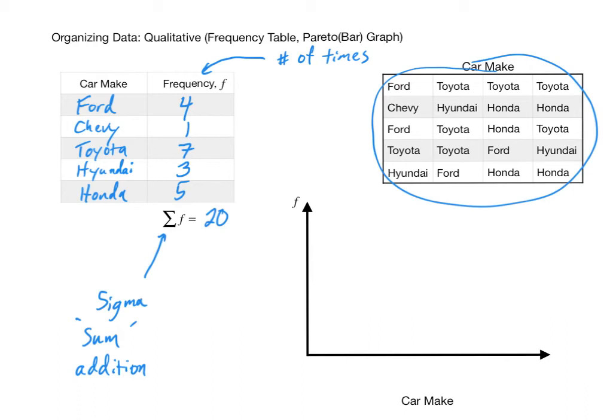So instead of just putting in each of the 5 car names here, I want to put them in from tallest to shortest. So for example, Toyota is the tallest one, so that's the first one I'm going to put here. So just to abbreviate these, I'm going to put in T for Toyota, F for Ford, C for Chevy, we'll do H for Hyundai, and then Honda will do just D. So Toyota had the most, so that's the first one.